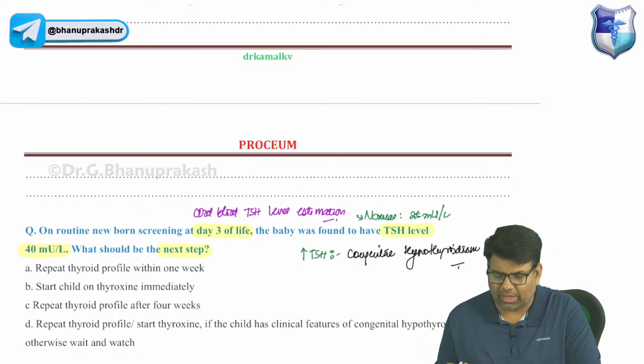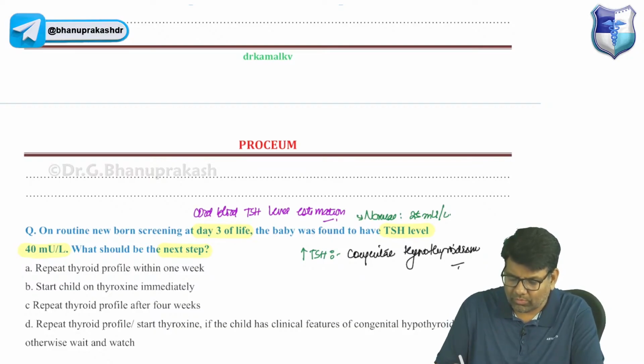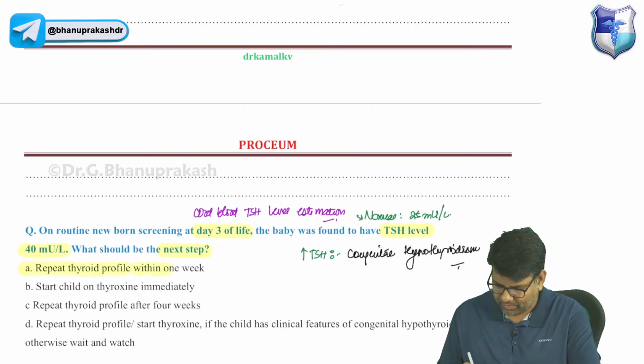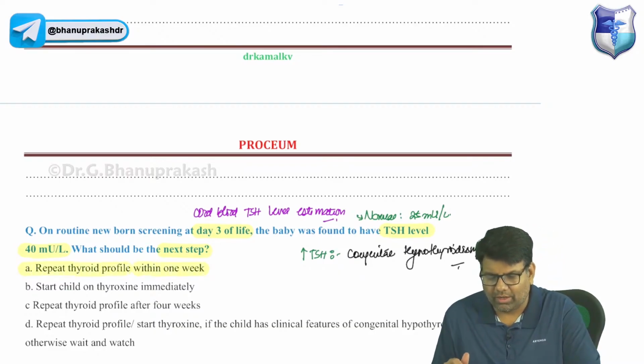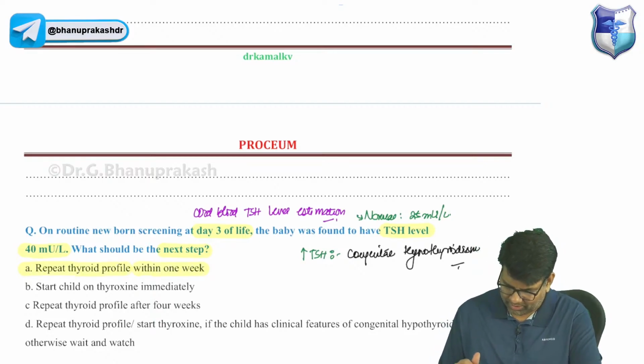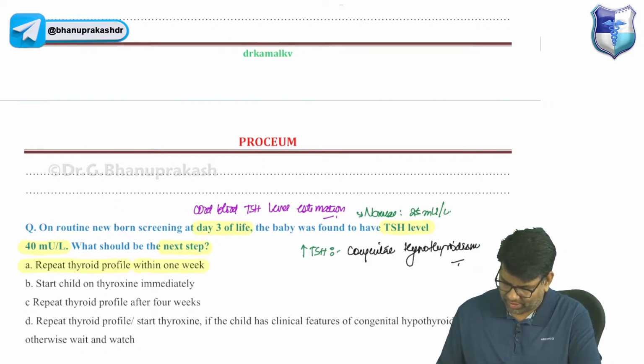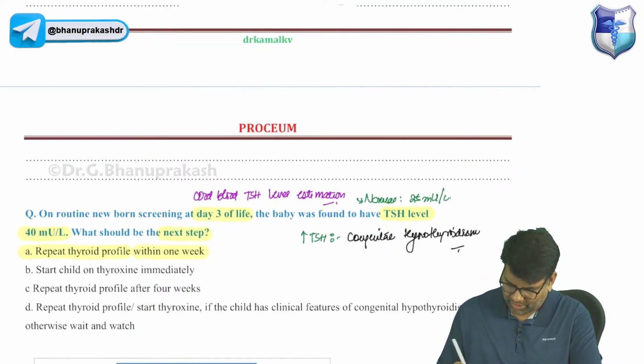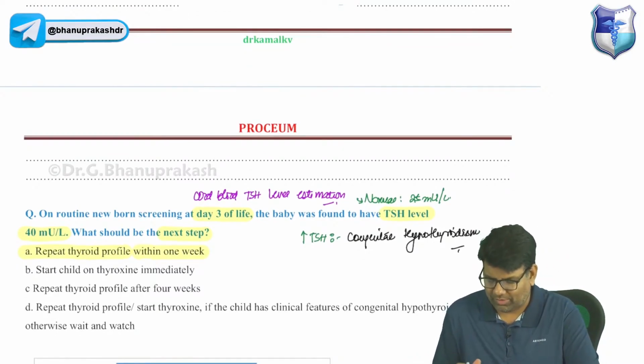So in this particular case, what we do, we will repeat the thyroid profile around 1 week. Punit, you are absolutely right. We will repeat the thyroid profile after 1 week, and based on that, we can take the decision whether to start thyroxine or not.